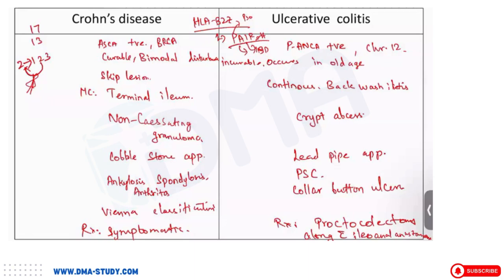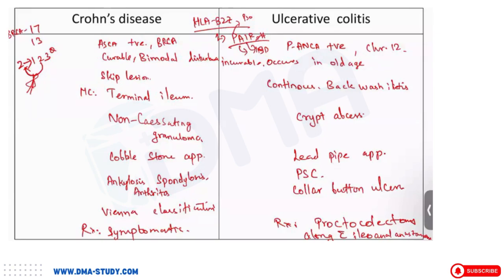If you take BRCA2 and remove the 2 from 1, 2, 3, what do you get? 1, 3. That is BRCA2. So what will be the BRCA1?